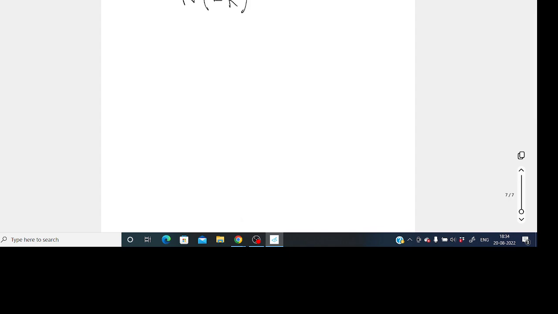As I have said before, P_S, the probability of finding the system with some particular energy E_S, is proportional to this omega R as a function of E_R, and we have just found that this is proportional to e to the power minus E_S by k_B T. Now this 1 over k_B T, I will define as beta.